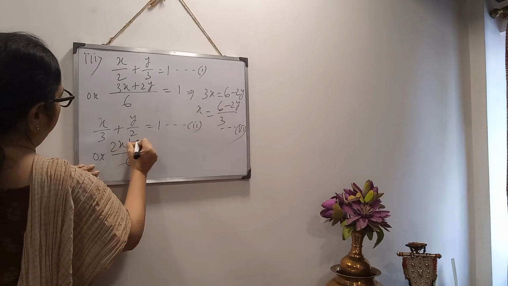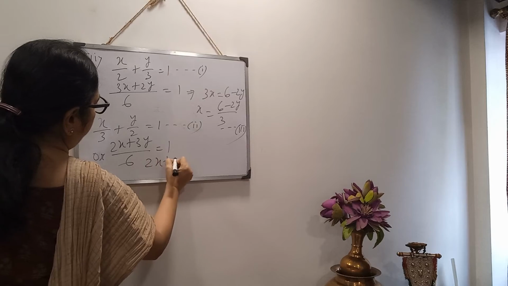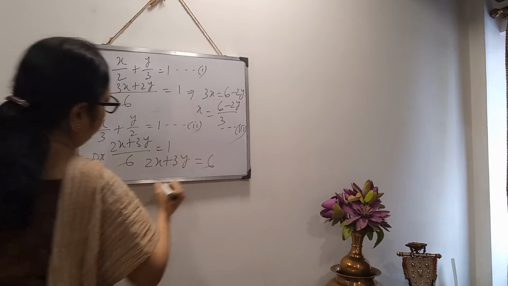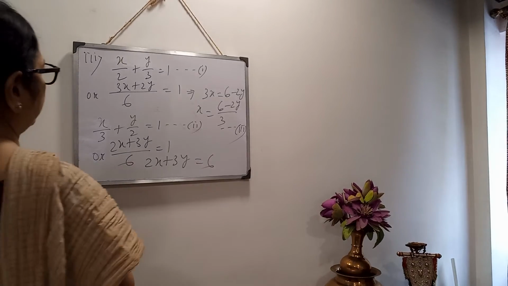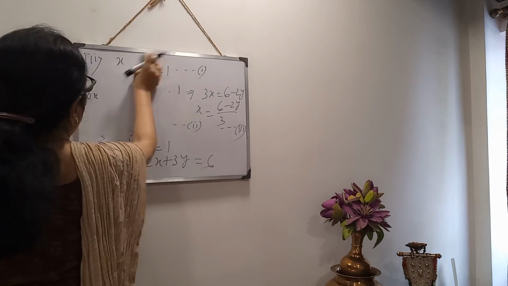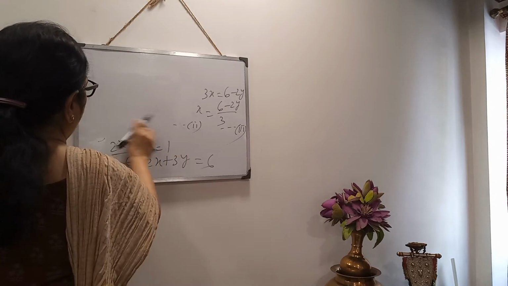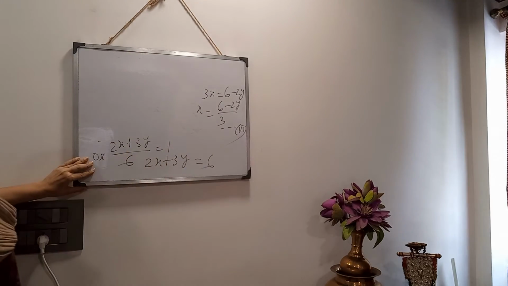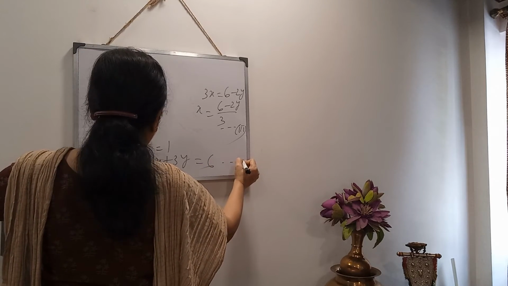So 2x plus 3y equals 6. Now here I will substitute the value of x. This is my equation number 4.